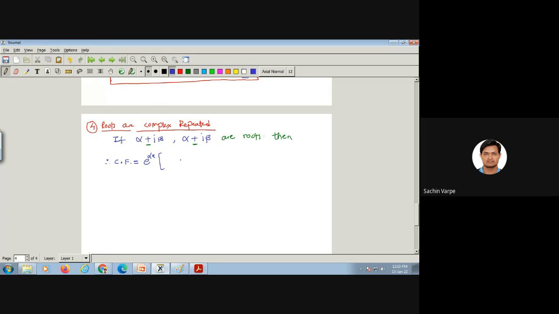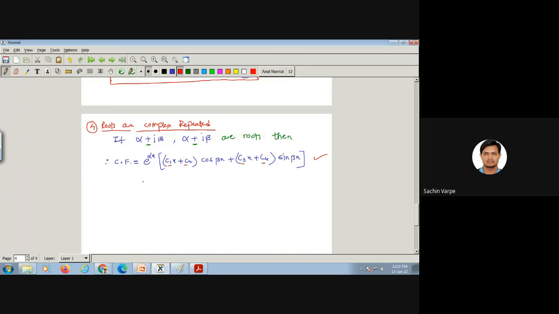I'm writing directly the formula here: (c1 x plus c2) times cos beta x plus (c3 x plus c4) times sine beta x. So you can see the four arbitrary constants are there, as the number of roots are 4. Clear to everyone? This is the formula for the roots complex repeated.